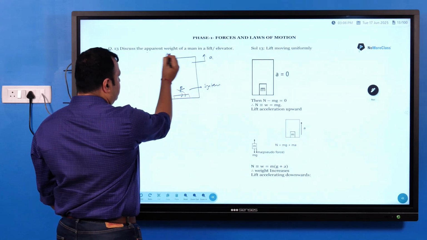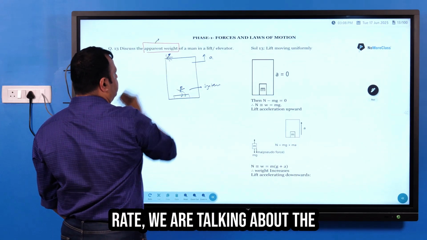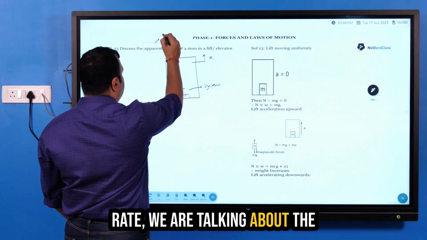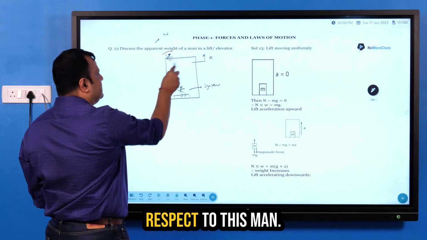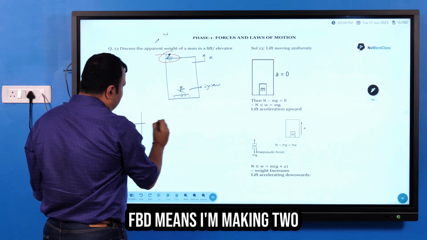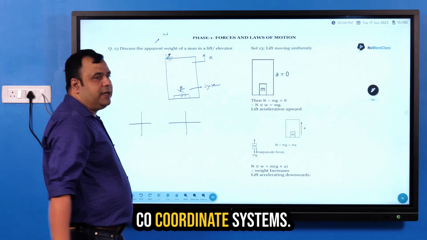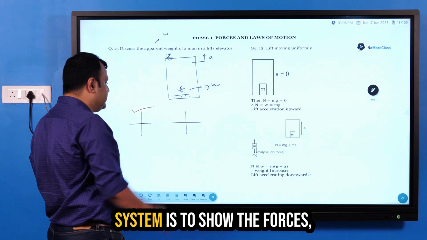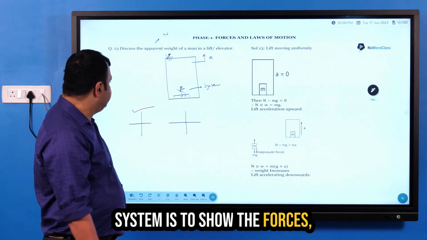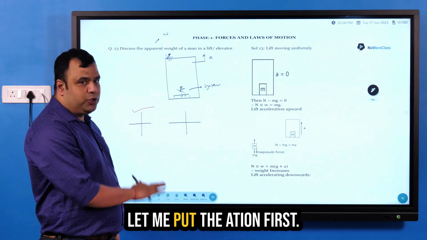So, when I'm talking about the apparent weight, we are talking about the normal reaction ultimately. So, I'll make the FBD with respect to this man. FBD means I'm making two coordinate systems. This coordinate system is for the acceleration, and this coordinate system is to show the forces. Let me put the acceleration first.